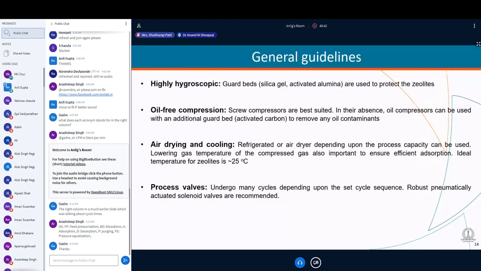One more point: while reciprocating compressors are typically inexpensive, screw compressors are best from a noise perspective, because 65 decibels is the noise limit in a hospital environment. 65 decibels is the recommendation from the Pharmacopoeia, so we have to keep the noise within that level. So screw compressors are generally recommended.